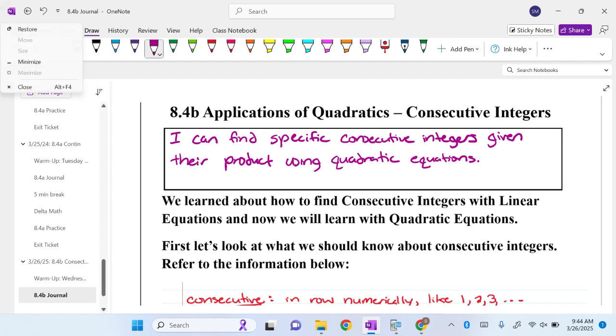So we're going to take things that we learned last semester with how to set up consecutive integers, and then we're going to use that to make a quadratic equation for us to solve to find those consecutive integers.